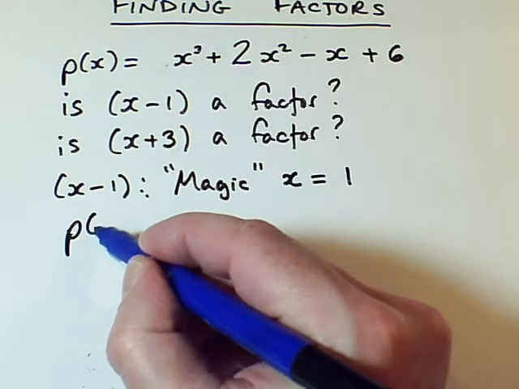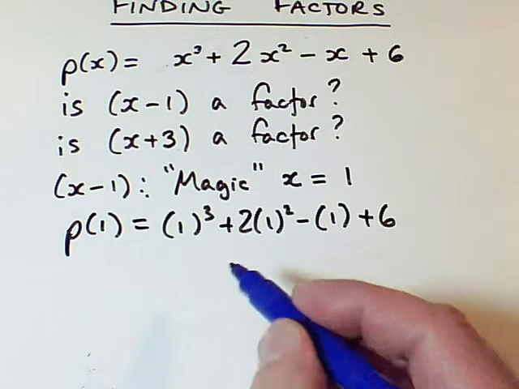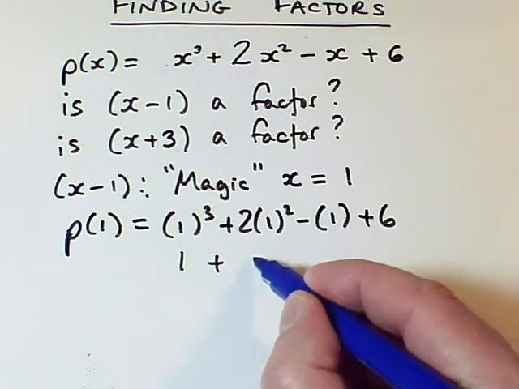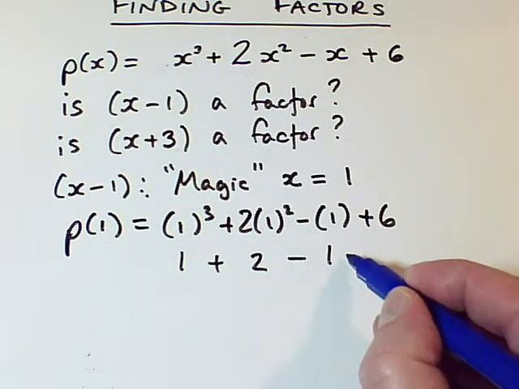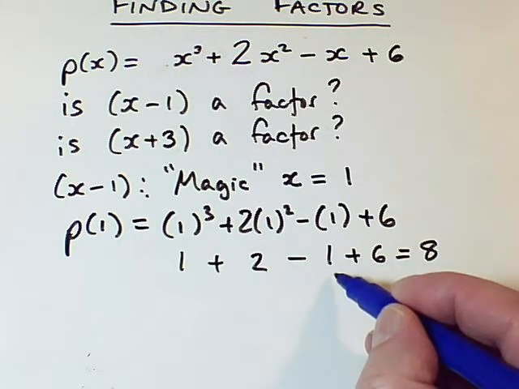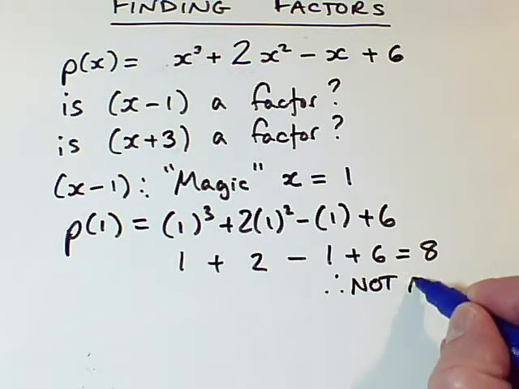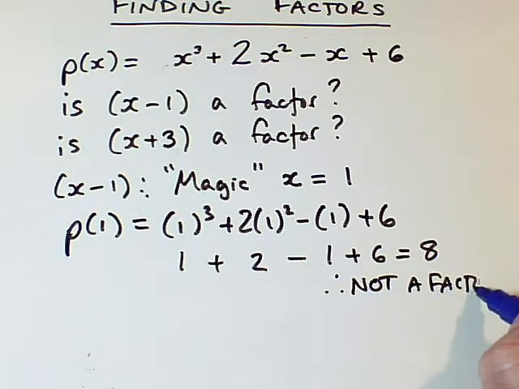So I do P of 1. I substitute 1 in. And so I put 1's in for all the x's, which gives me 1 plus 2 minus 1 plus 6, which is 8. And my conclusion from that is I didn't get 0, so this is not a factor. So that was a bit dull. Okay, but sometimes that happens.